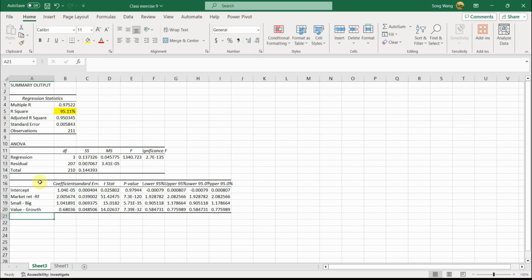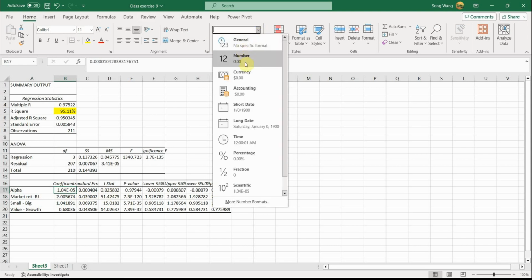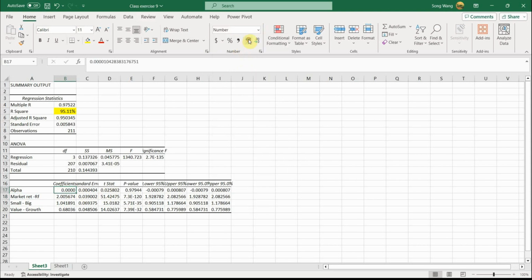Okay. So in this analysis, you will see that the intercept is the alpha, and that is very, very close to 0. That basically means this fund has no abnormal return.